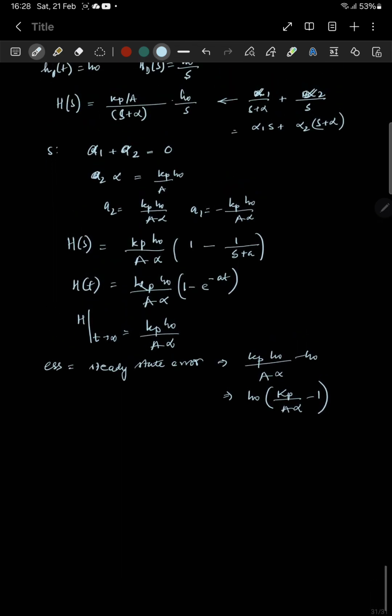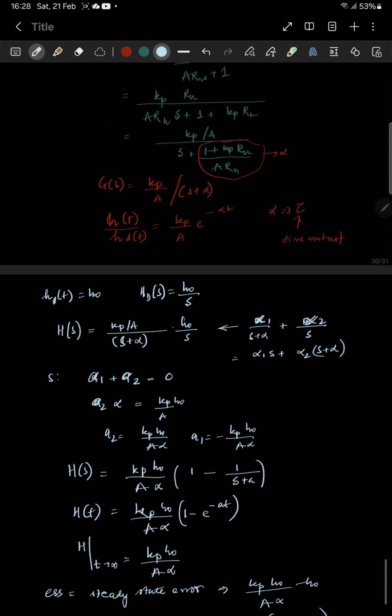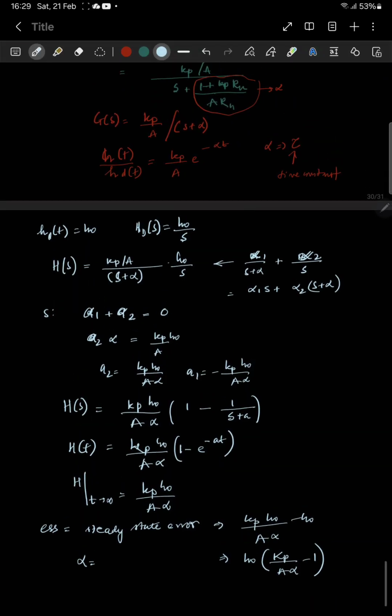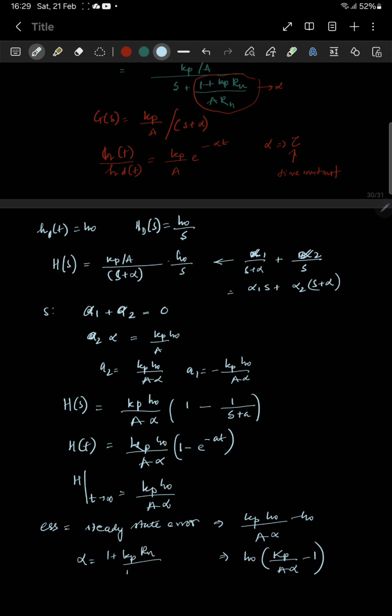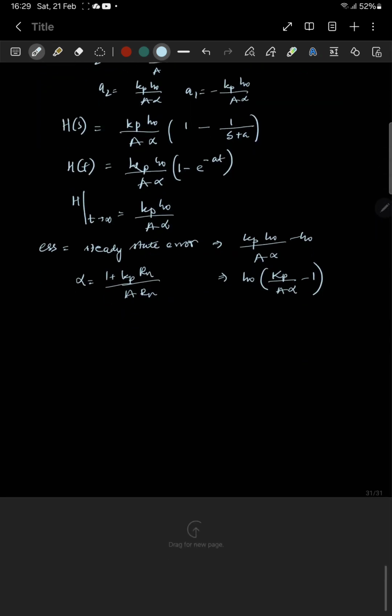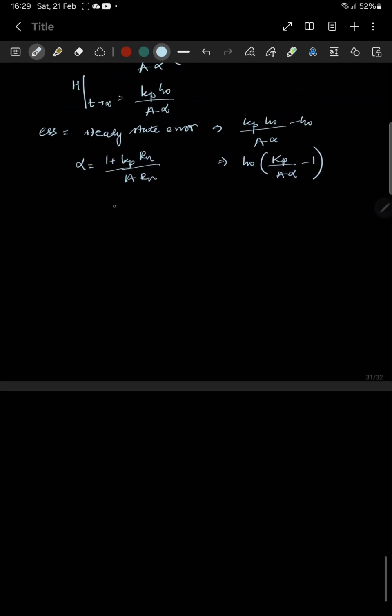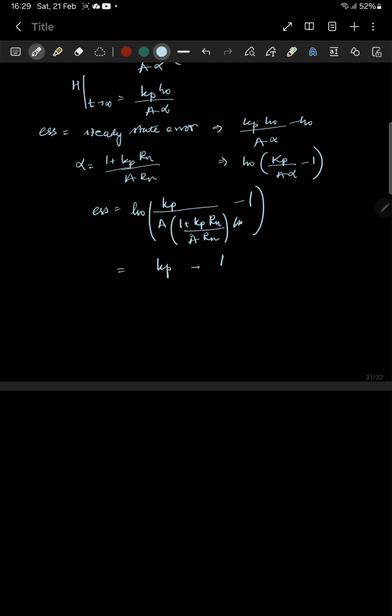We have alpha as 1 plus Kp Rh by A Rh. Okay, so steady state error equals h0 over 1 plus Kp and so on.